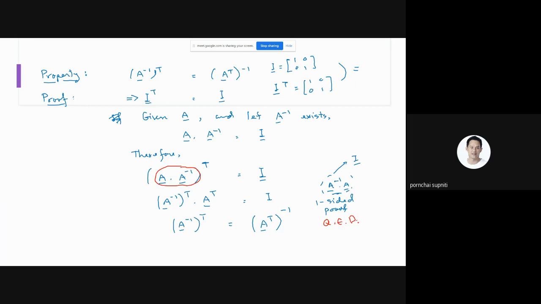Next, let's look at another additional special matrix. Today's lecture is very basic, but we'll look at some different special matrices that will be useful later.